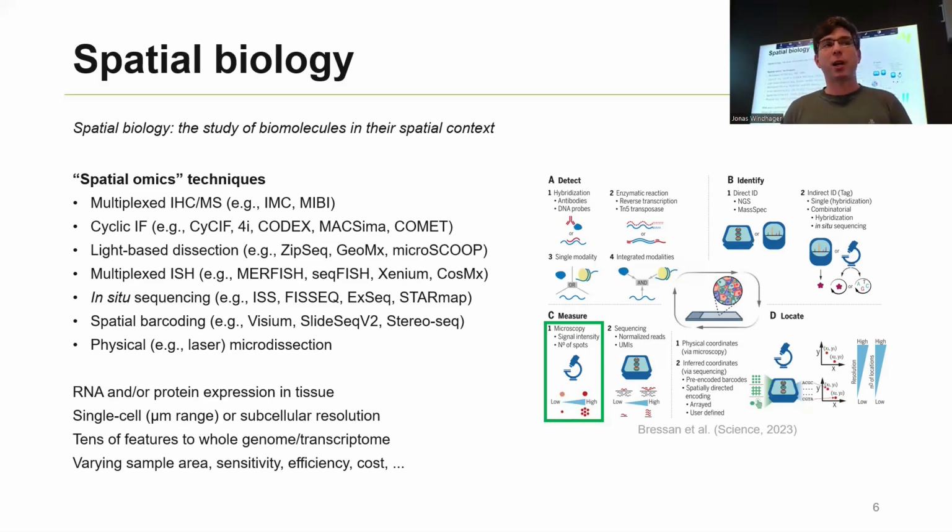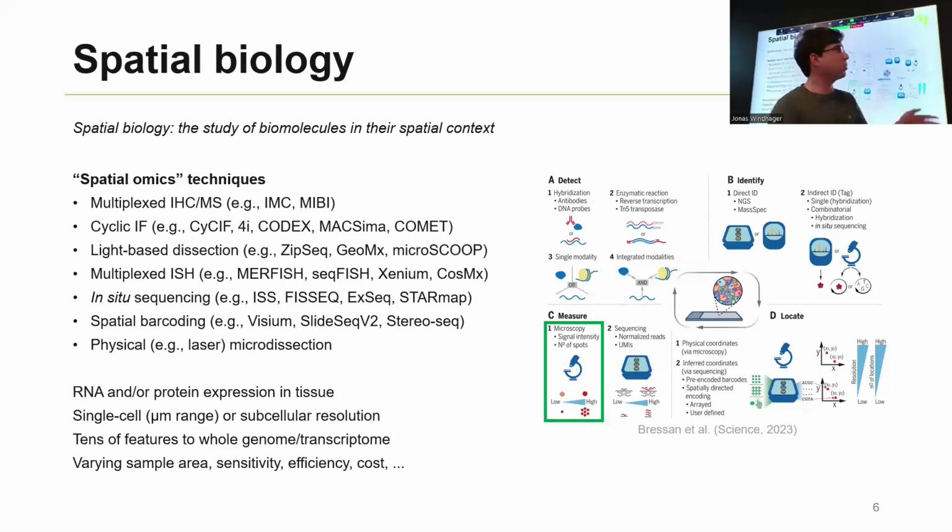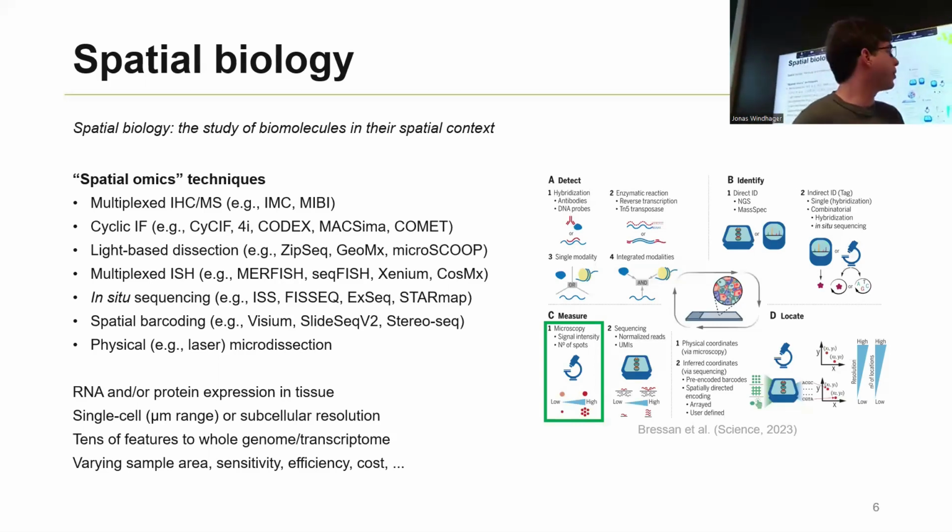This can be biomedical or biological imaging. Again, there are many techniques, many very recently established, that in part use microscopy, but they can also rely on sequencing or other techniques. So microscopy is only a small part of this whole spatial omics field.